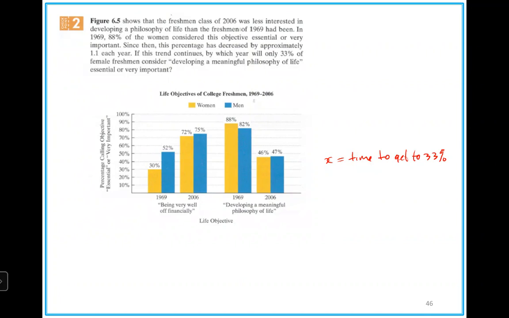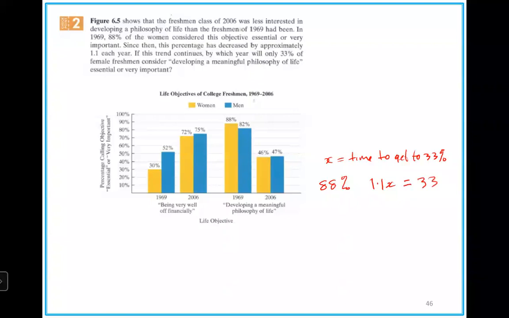What's your starting point again? 1969, 88%. I guess we don't need the 88% here, but what's happening each year? It's decreasing by 1.1, so we have 1.1x to get to 33.